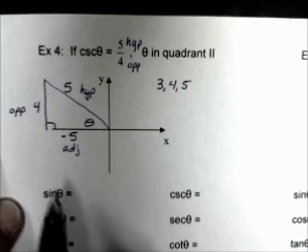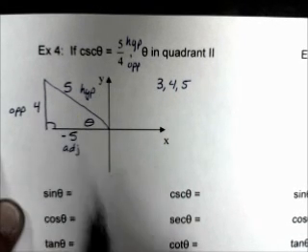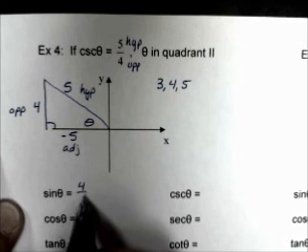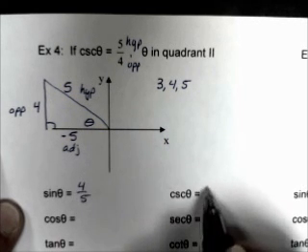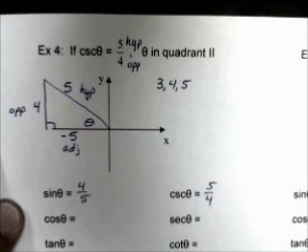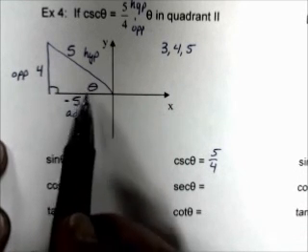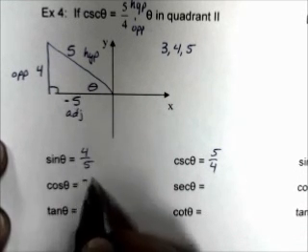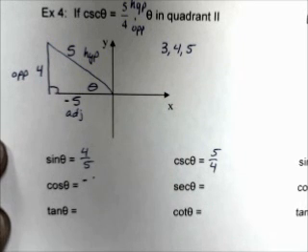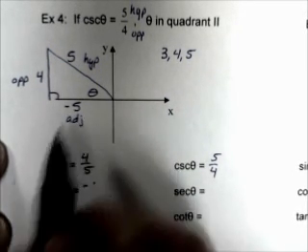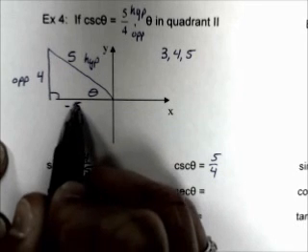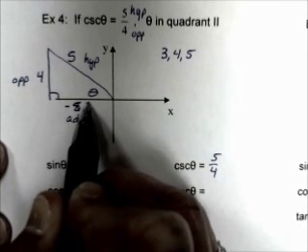Now, the sine of theta, opposite over hypotenuse, 4 over 5. Cosecant, that was our 5 over 4. The cosine, adjacent over hypotenuse, negative. Oh, okay. Hopefully you didn't copy my -5. That's supposed to be a 3. Apologize.